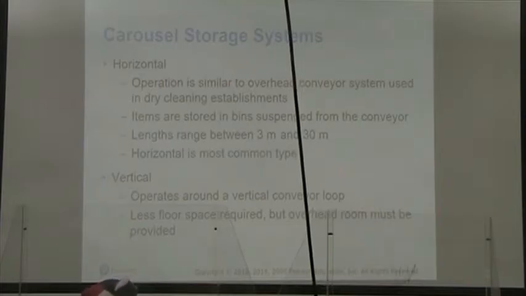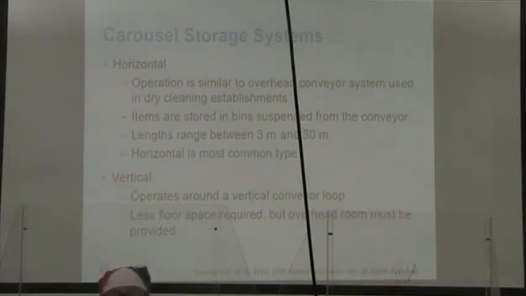When we talk about carousel storage systems, there can be horizontal types and vertical types. The horizontal type is similar to the way the storage works at a dry cleaner's, except that it goes only in an oval loop rather than kind of a snake line idea that I've seen in some dry cleaning facilities.